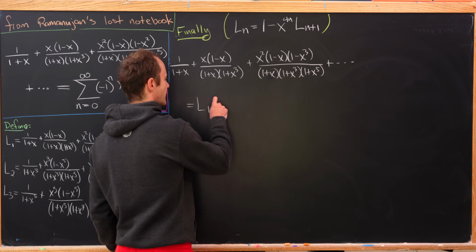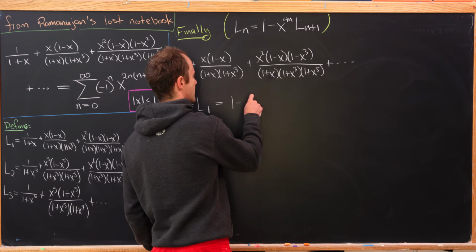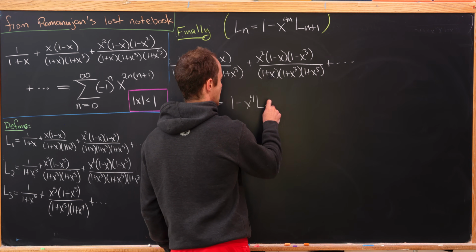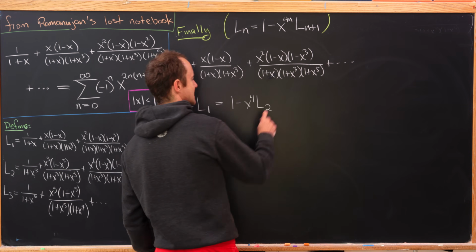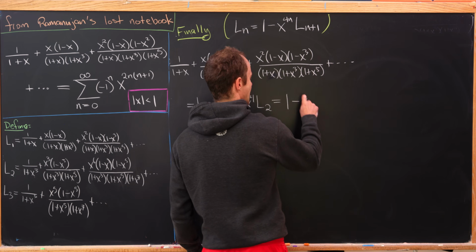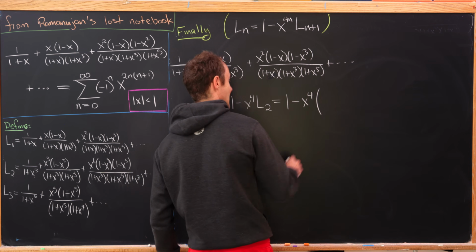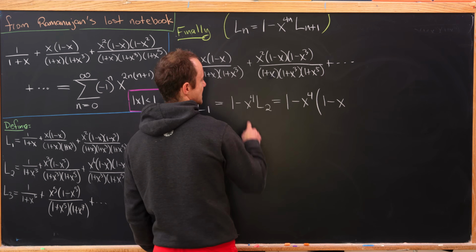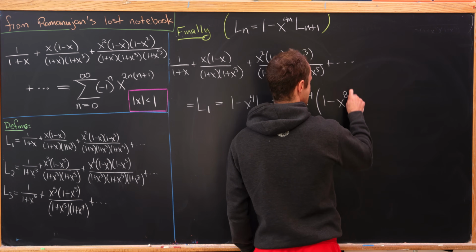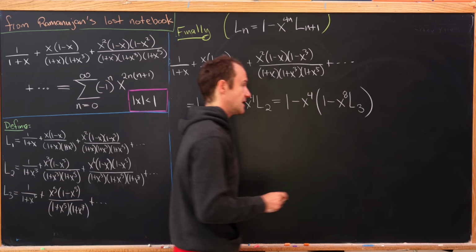But then, like we said before, we can write L1 as 1 minus x to the 4th times L2. But now we can apply this again, and we'll get 1 minus x to the 4th times 1 minus x to the, let's see, 4 times 2, which is 8, times L3.